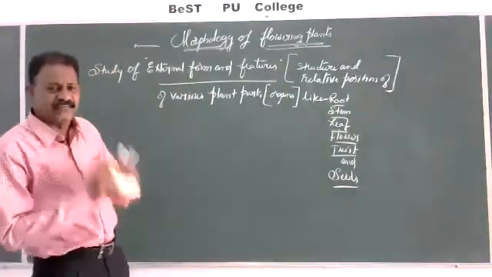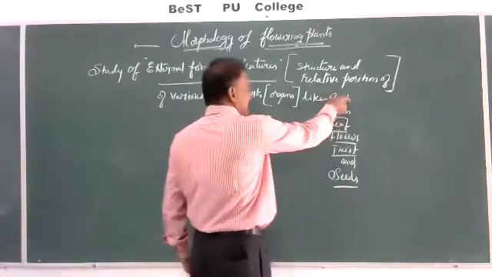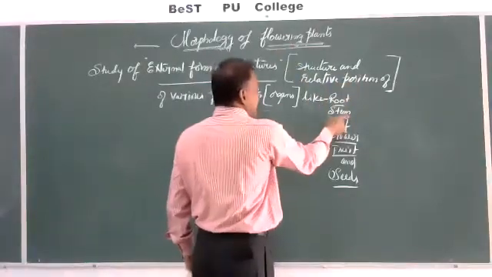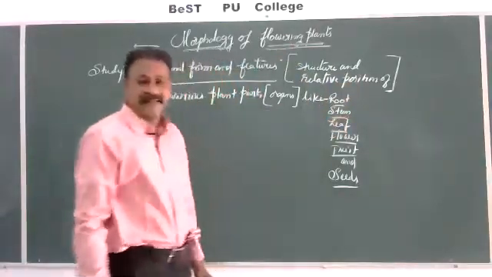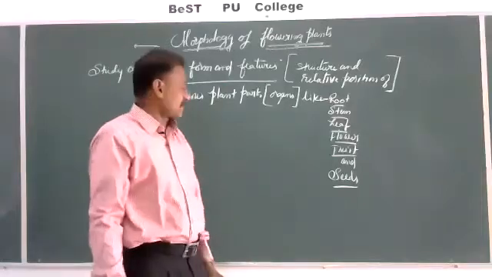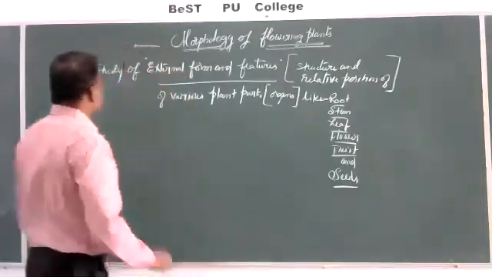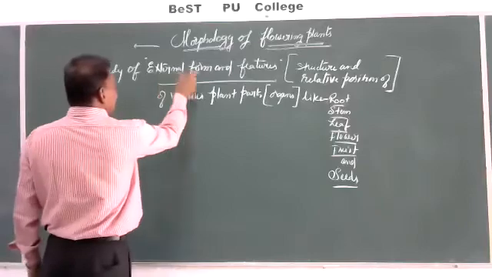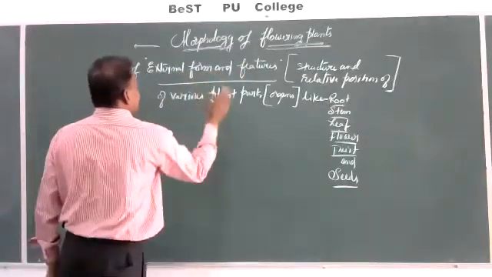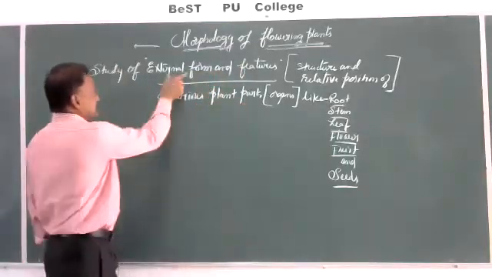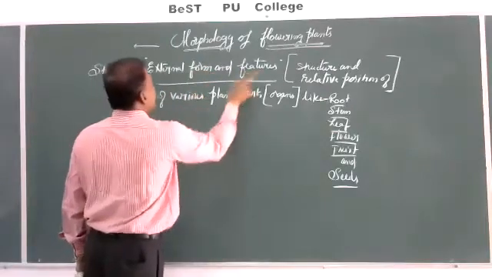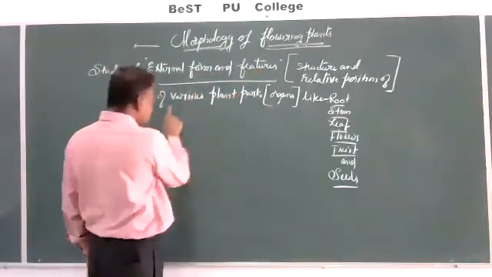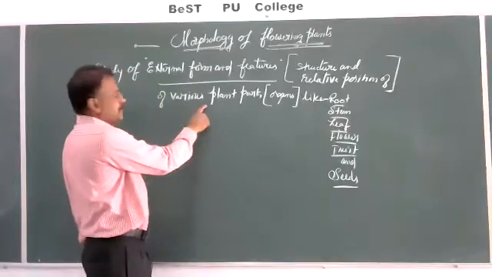So we have to study everything regarding the roots, the stem, the leaf, flower, fruit and seeds of the angiospermic plant. Simply, study of external form and features of plant parts.